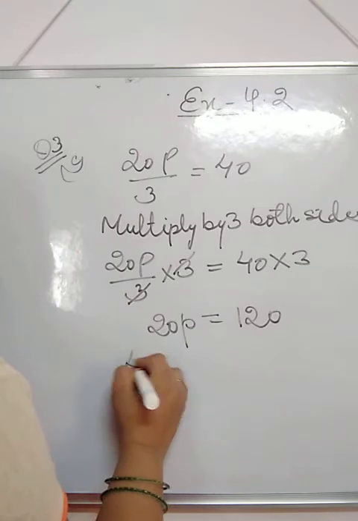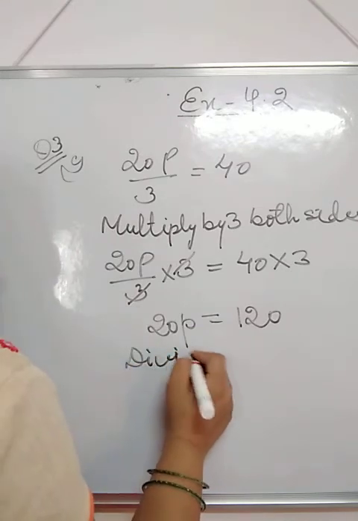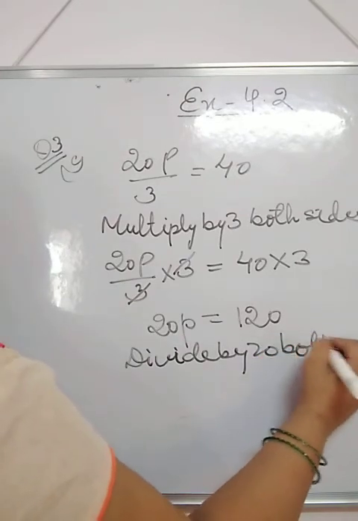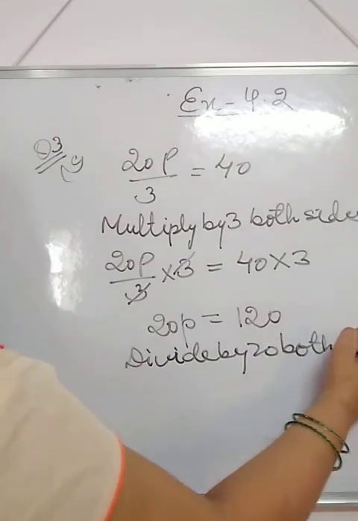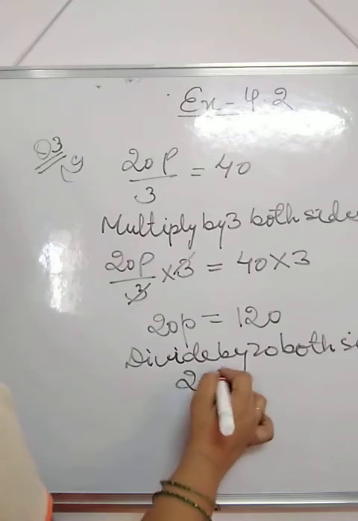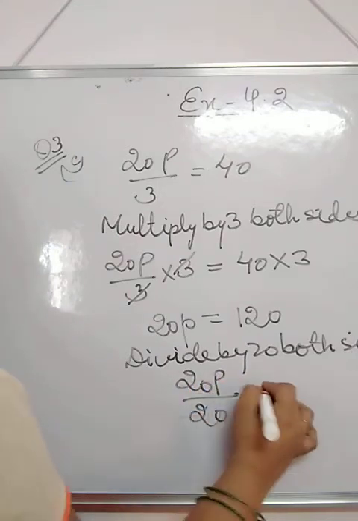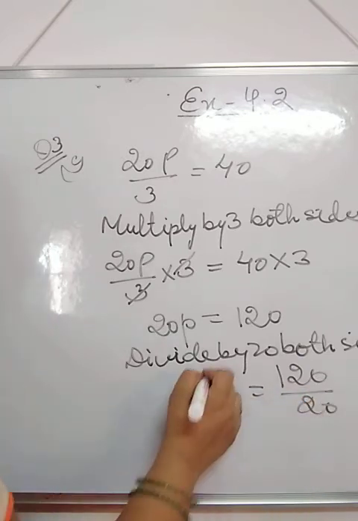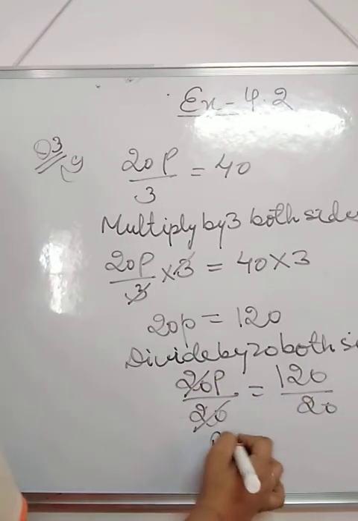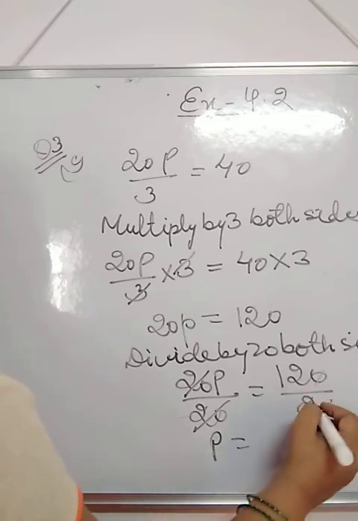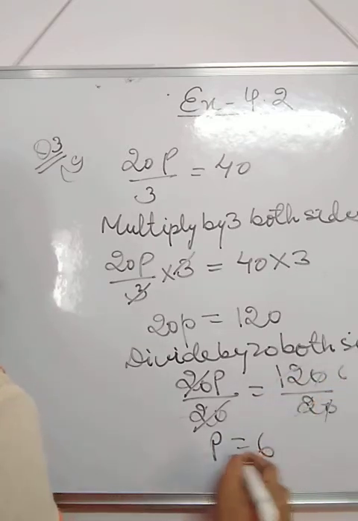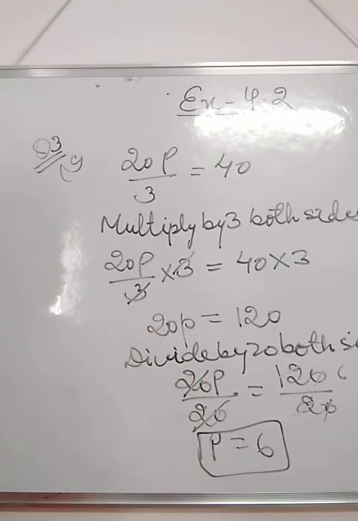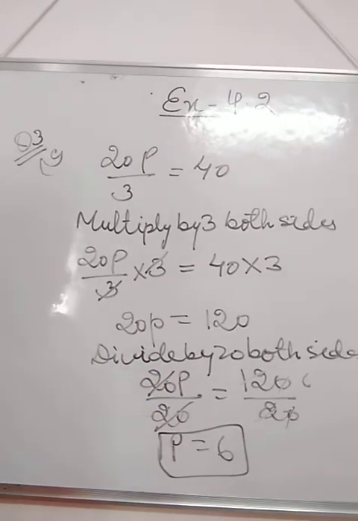So we will divide by 20 both sides. 20p upon 20 is equal to 120 upon 20. This 20 is cancelled with this 20. Now p is equal to 6. So p is equal to 6 is the solution of this equation. Okay.